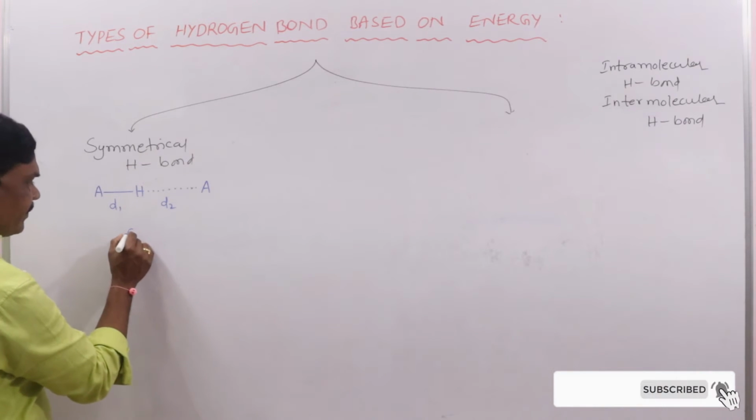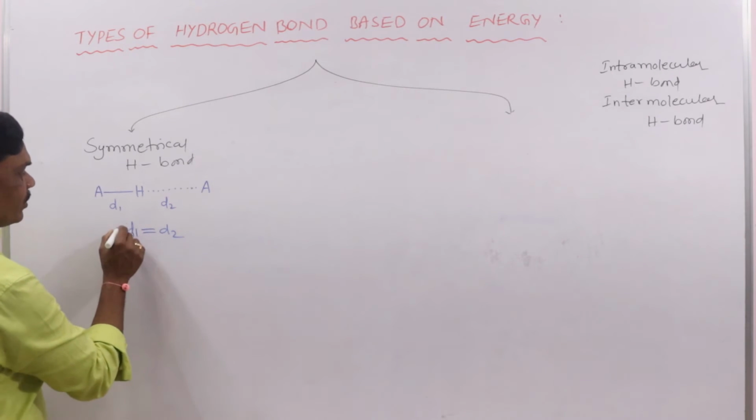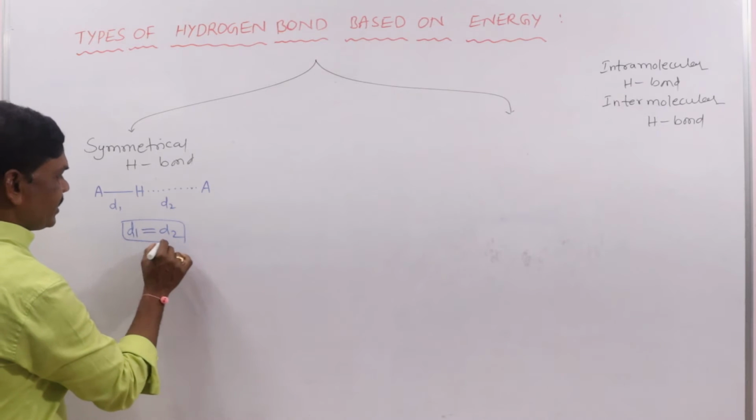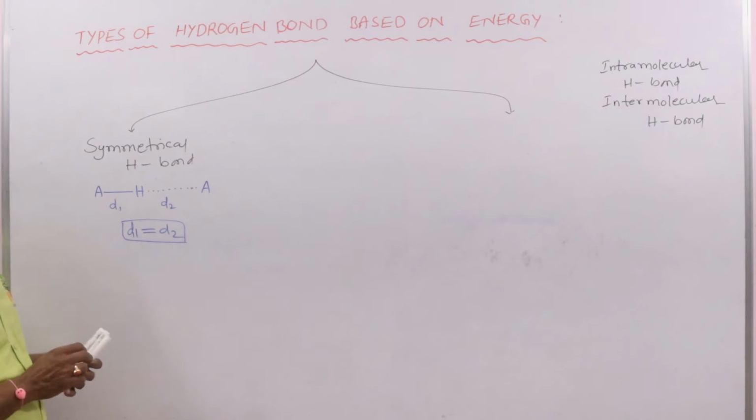If D1 is equal to D2, that is known as a symmetrical hydrogen bond.